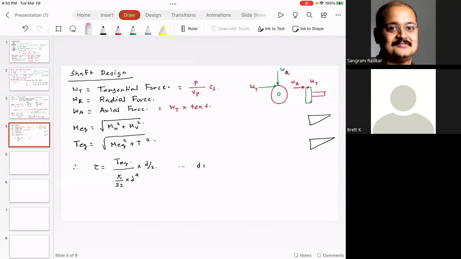You're right. This is just torque. So this is T square. T square. Thank you for catching that. Okay. If there are no questions, I would jump onto a problem.